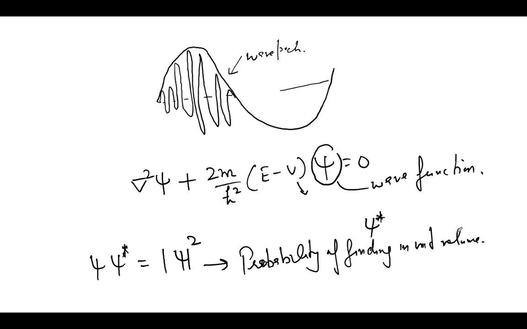What does it mean? It means the probability density of the particle in the state psi, within this wave packet which has a wave function psi. So this function psi is sometimes called the probability amplitude for the position of the particle.